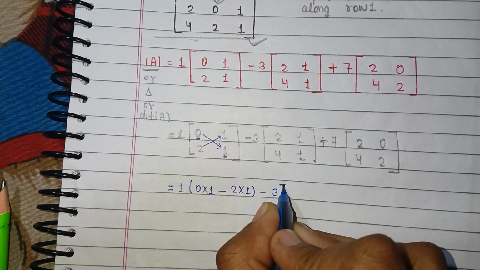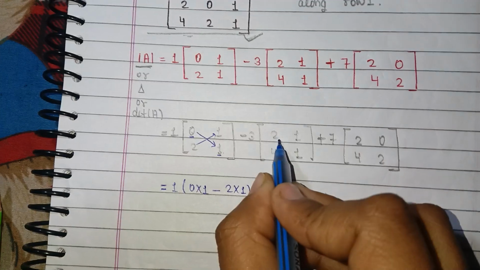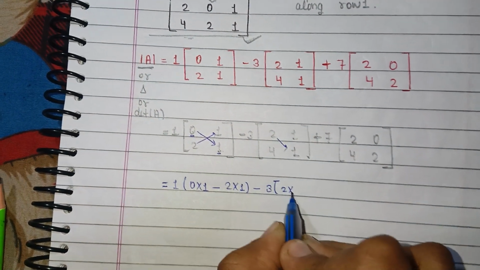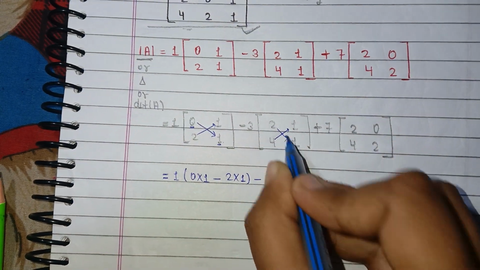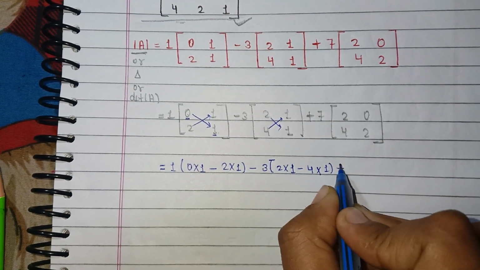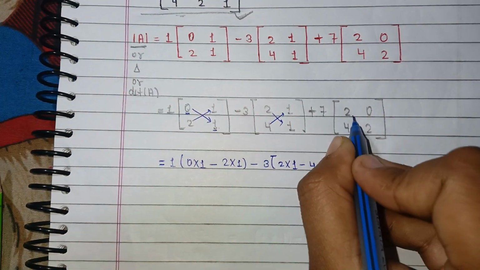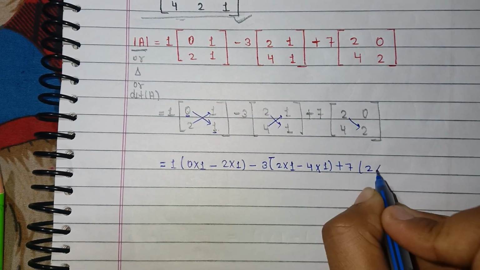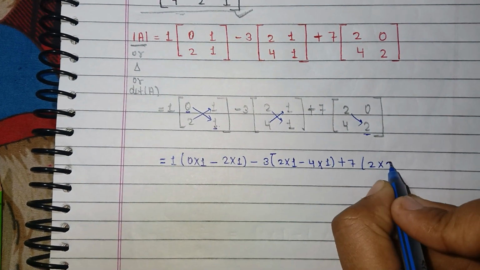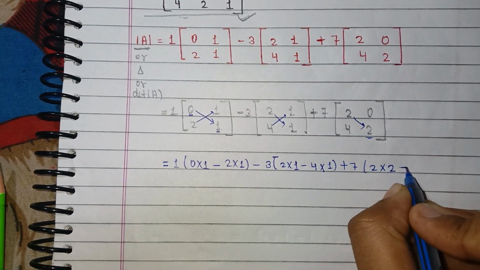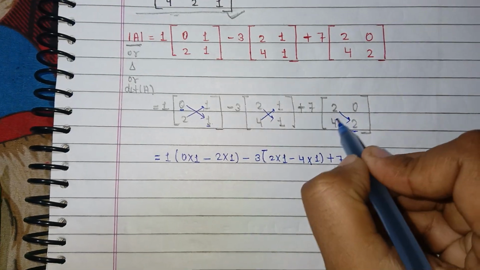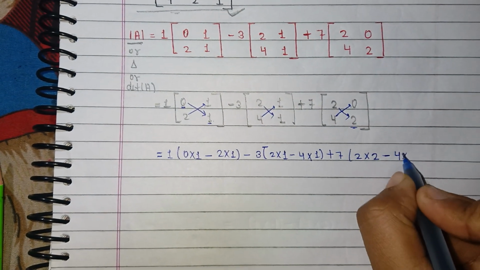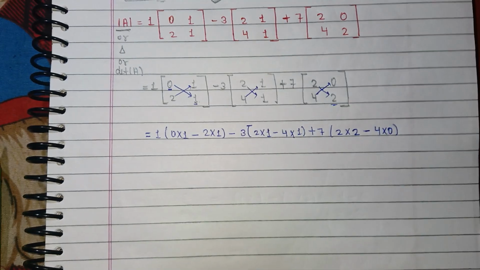You can use any brackets. 2 multiply 1 minus 4 multiply 1, plus 7. 2 multiply with its diagonal element and put the minus sign, and multiply the 4 with its diagonal element.